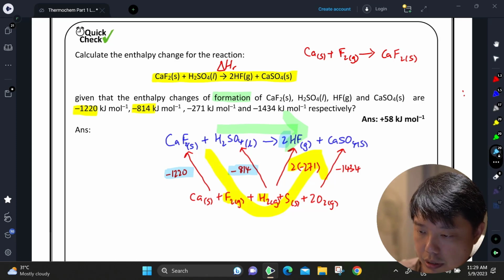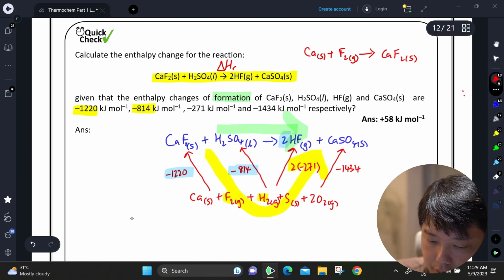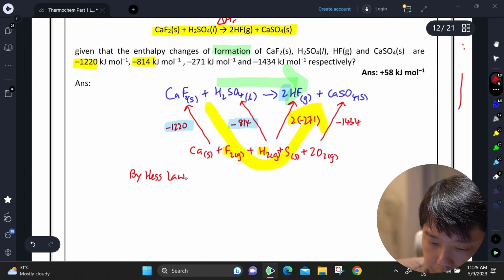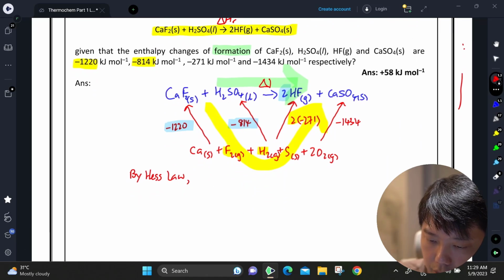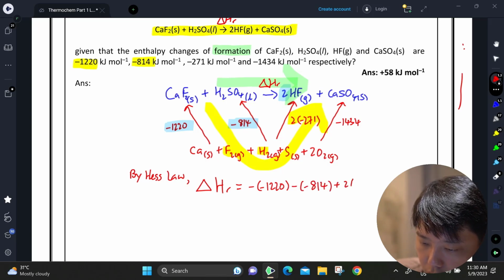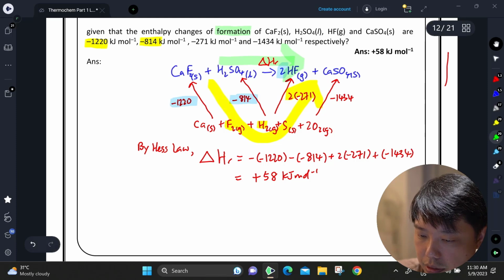Essentially, how do you calculate the delta H? Do it by Hess's law. Let's bring this up a little bit. The green arrow, which is your delta H reaction, the delta H that we want, is equal to minus 1220 minus 814 plus 2 times minus 271. When you write this out, this is actually the most critical part.